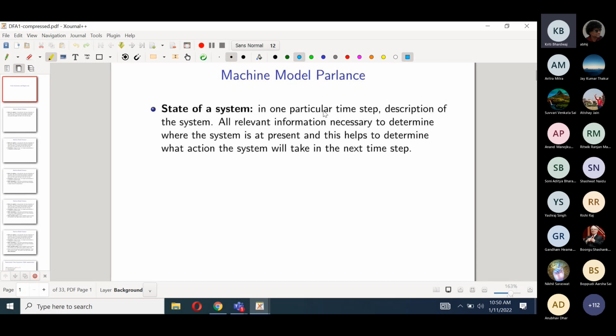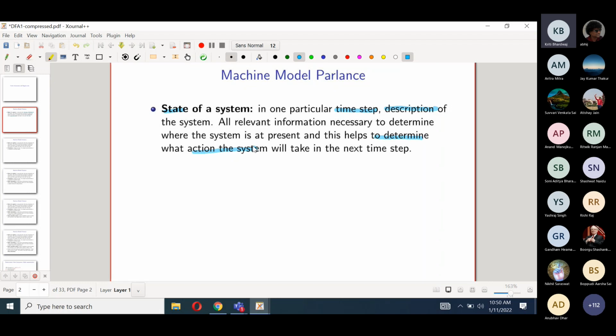A state of a system is going to capture the description of the system at a particular time step. That means any information that is a snapshot of that system at that time step should be included in the state of a system. Not only that, I should also have information to determine what the system is going to do in the next time step.